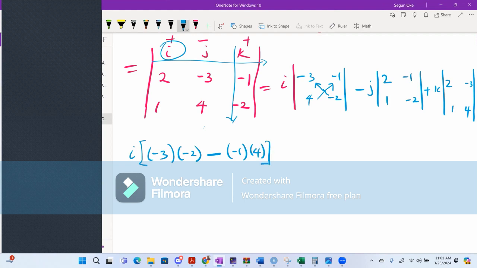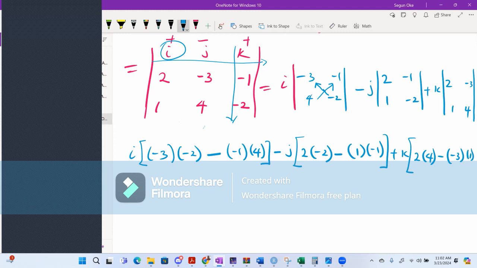That's the first one. Minus J, open this bracket again: 2 multiplied by minus 2, minus 1 multiplied by 1. Plus K, don't forget the component: 2 multiplied by 4 minus minus 3 multiplied by 1.